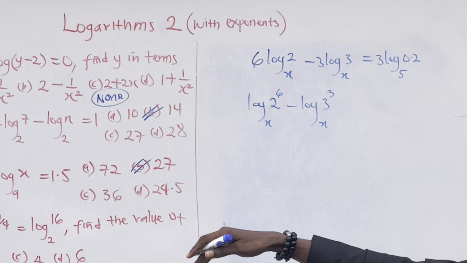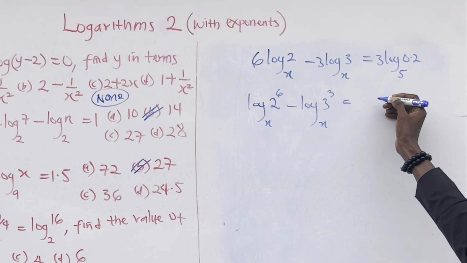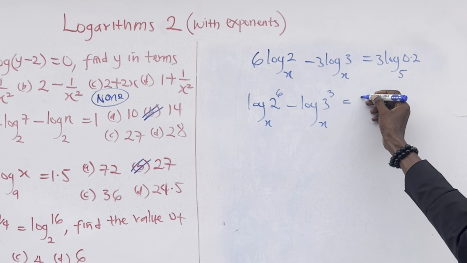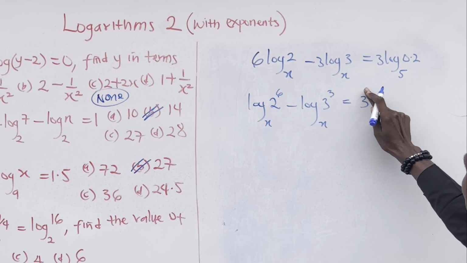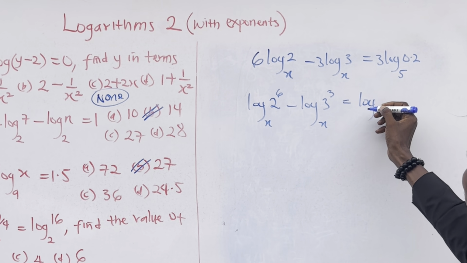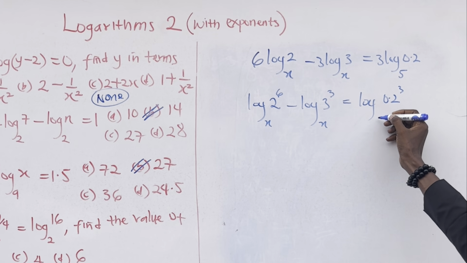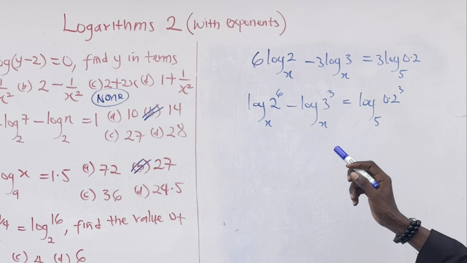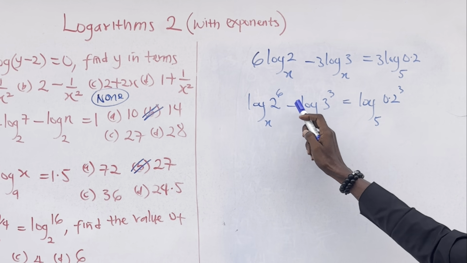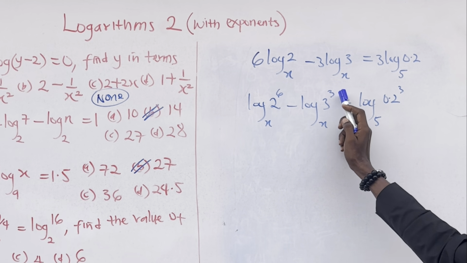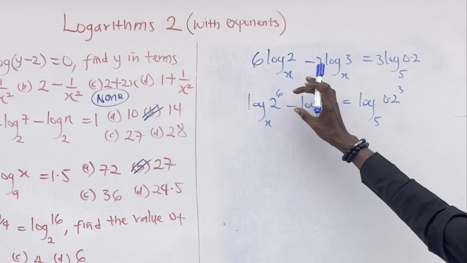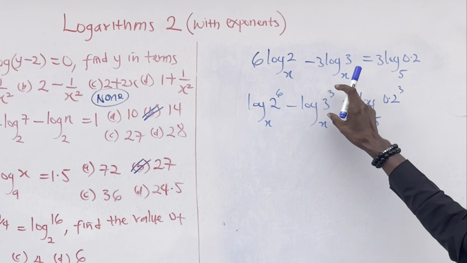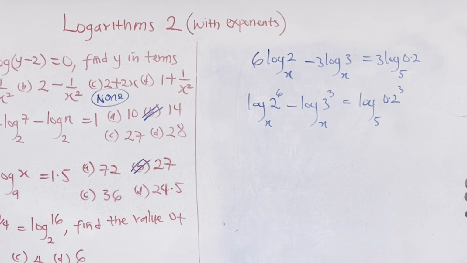That's how you resolve this side, and on the other side you do the same thing: log 0.2 raised to the power 3 base 5. Now you can combine these two logarithms. Remember what you do to the arguments: you pick one log x, with 2 raised to the power 6 divided by 3 raised to the power 3. On the other side, 0.2.